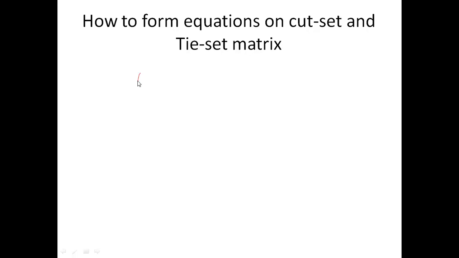That is 1, 2, 3, and then 4, and then 5. Let the currents be links, the loop currents I1 and then I2. Let the matrix be 1, 0, 0, 1, 1, and then 1, 1, minus 1, 0, and then 1.